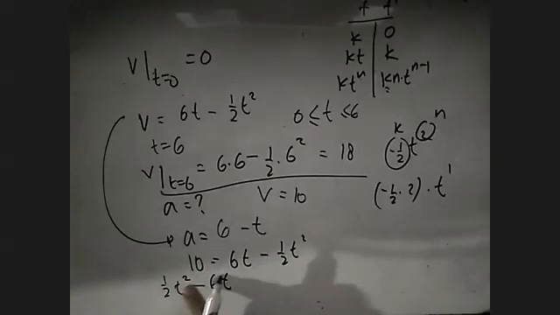The 10 on the left-hand side is still 10. Now, the right-hand side becomes 0 because everything already moved to the other side.